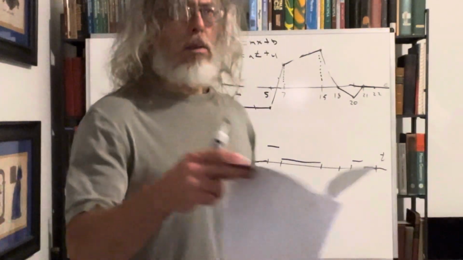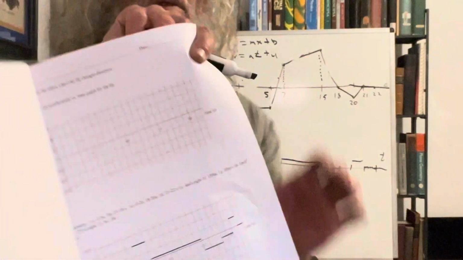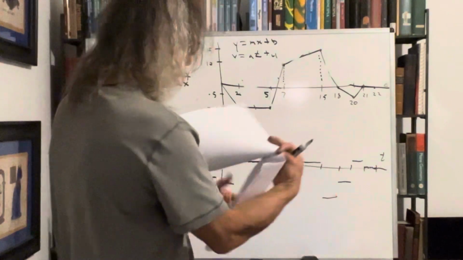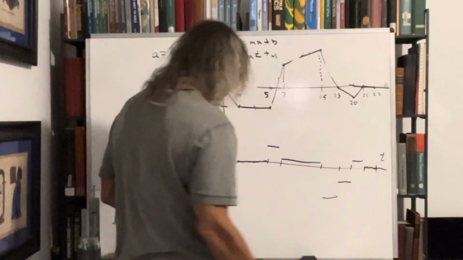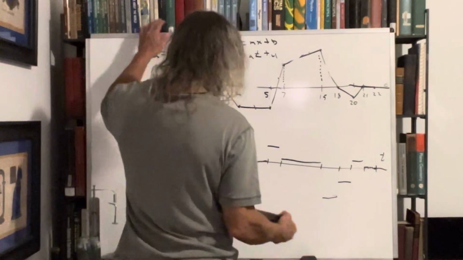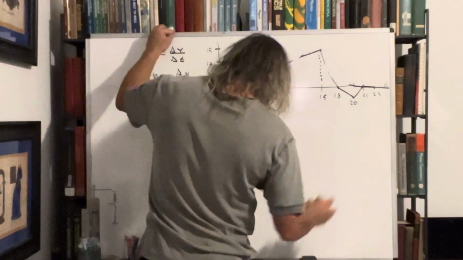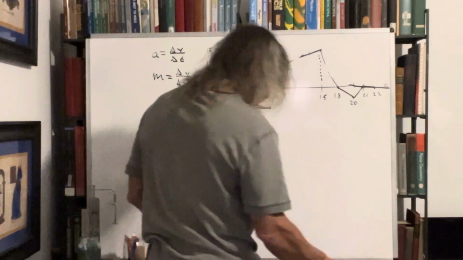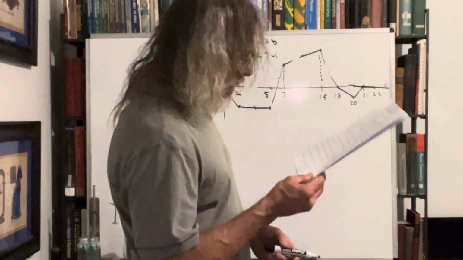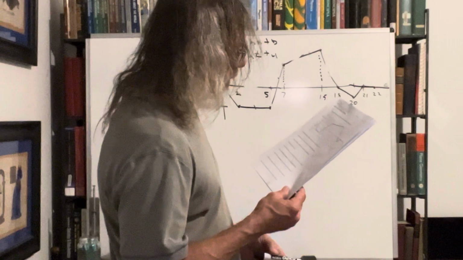And that's what they're showing there, I assume. They should have got the same thing that I did. Okay. Then erase. So average acceleration.